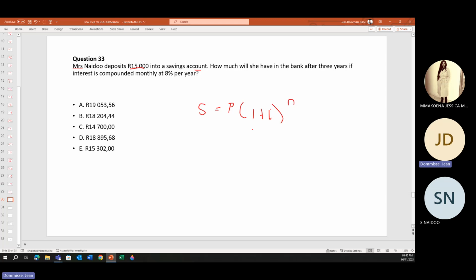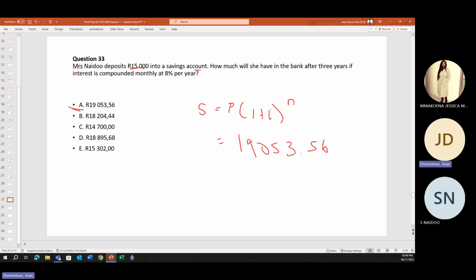We've got 15,000 as your present value, and 0 payments. Remember, it is monthly, so it is 12 times a year for 3 years, so again it will be 36 periods, 8% interest per year. So the future value is 19,053.56.